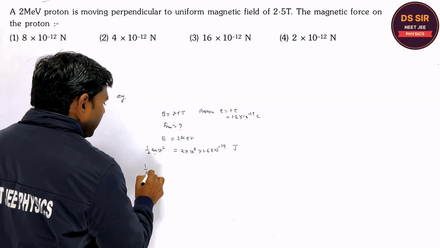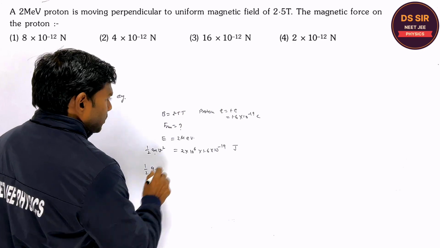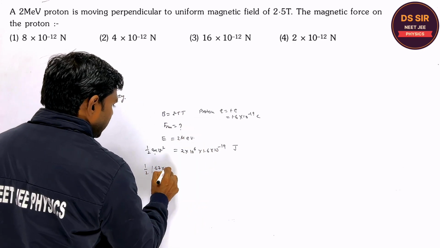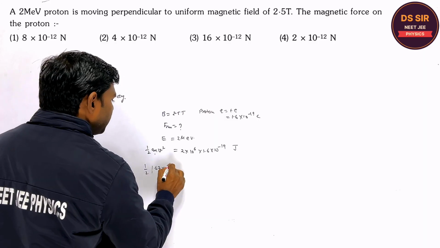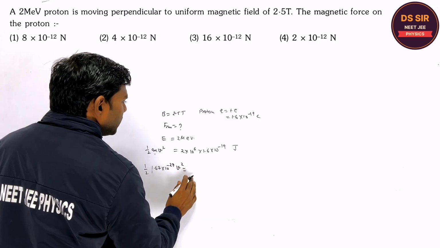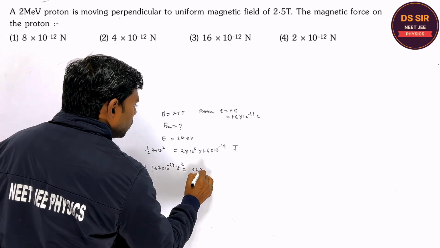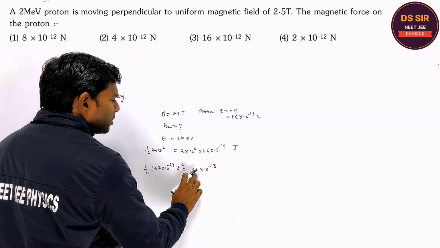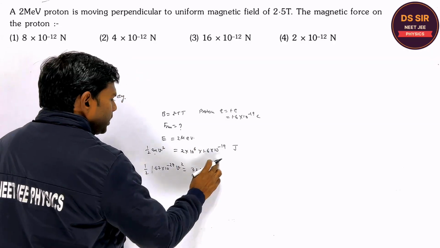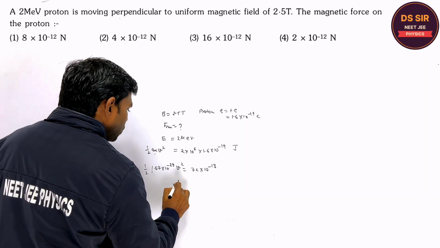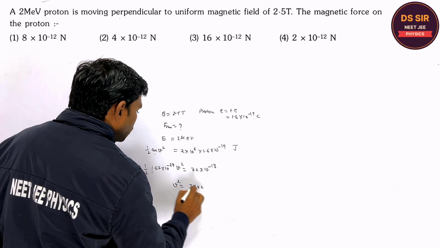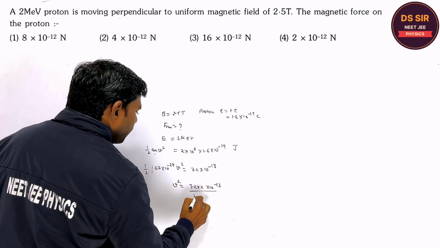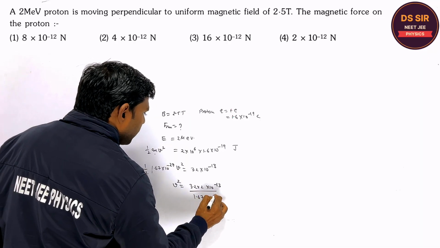The mass of the proton is 1.67 into 10 to the power minus 27, into v square is equal to 3.2 into 10 to the power minus 13, right? So v square is equal to 3.2 into 2 into 10 to the power minus 13 divided by 1.67 into 10 to the power minus 27.